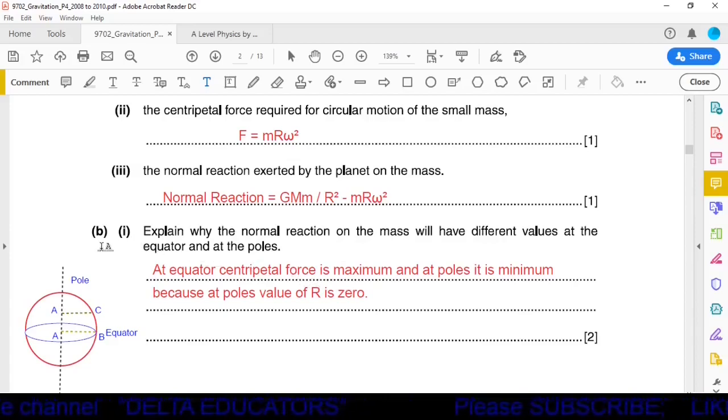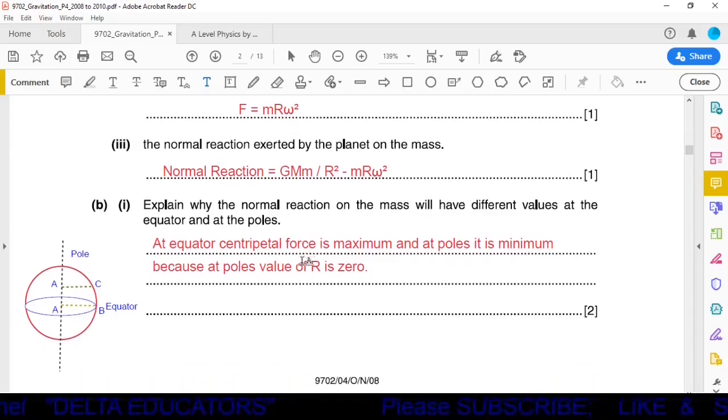Okay, next part B. Explain why the normal reaction on the mass will have different values at the equator and at the poles. Okay, centripetal force is given as m r omega square. It means with the increase in the value of r, centripetal force will be increased, and with the decrease in the value of r, centripetal force will be decreased.